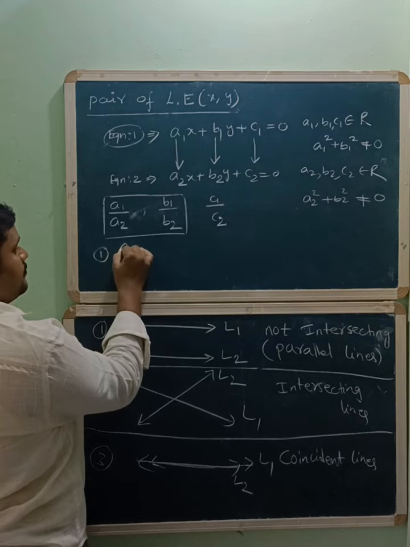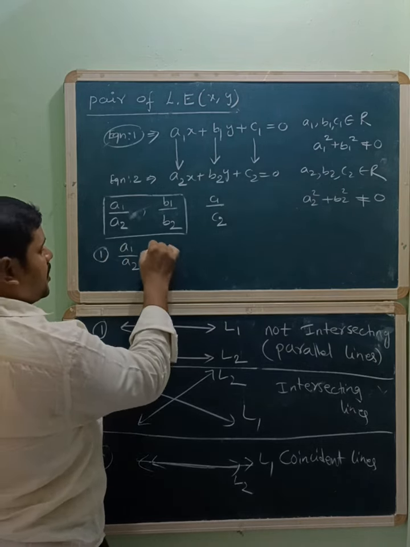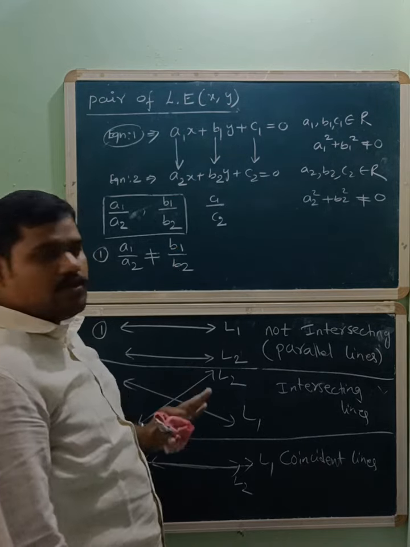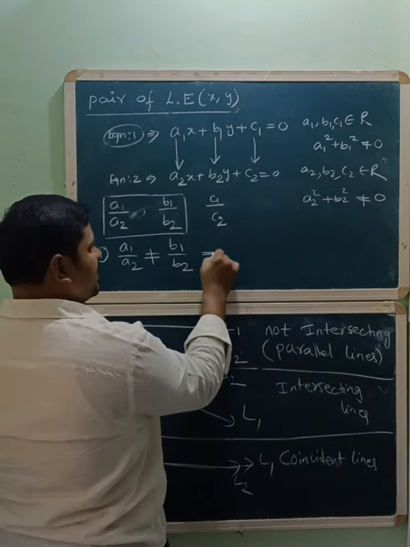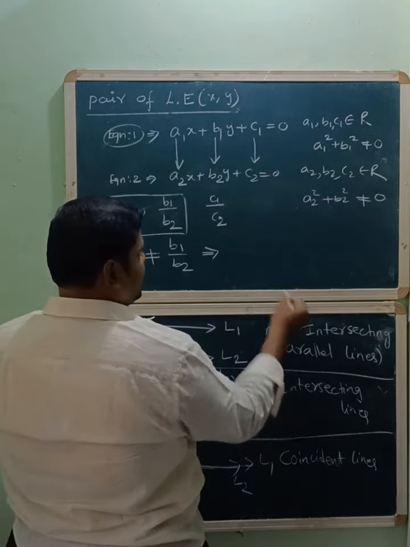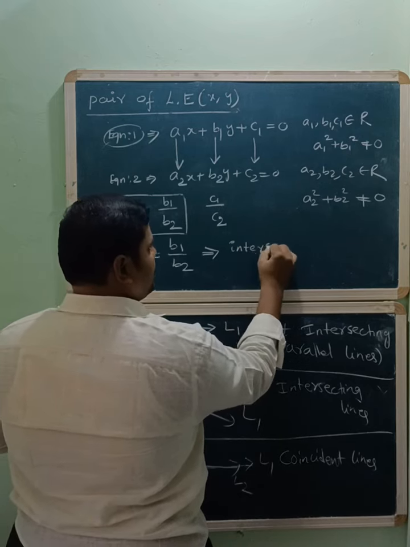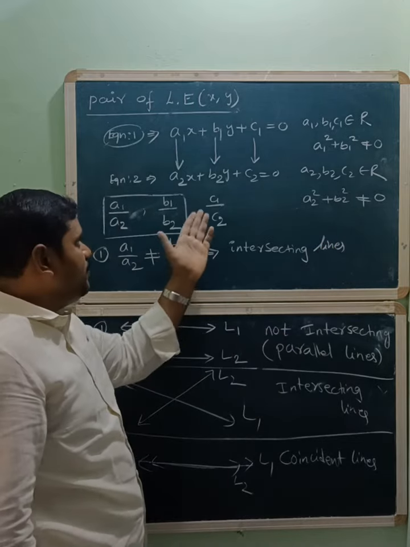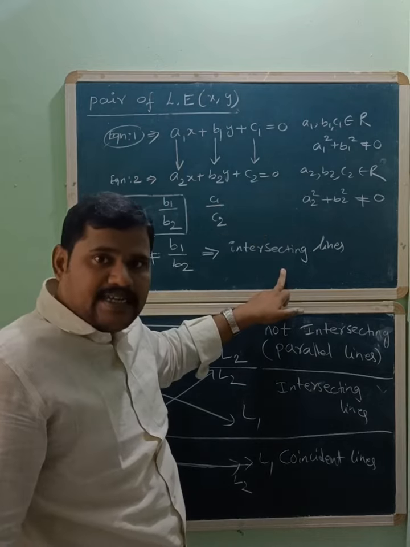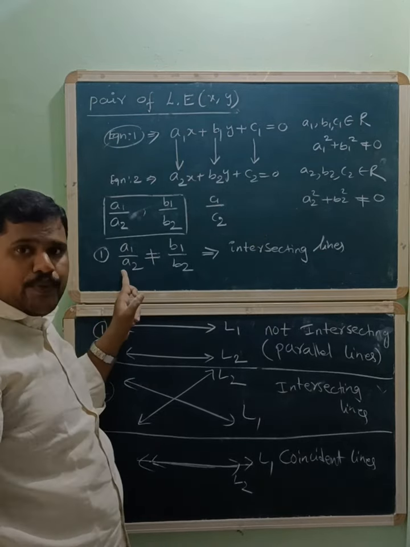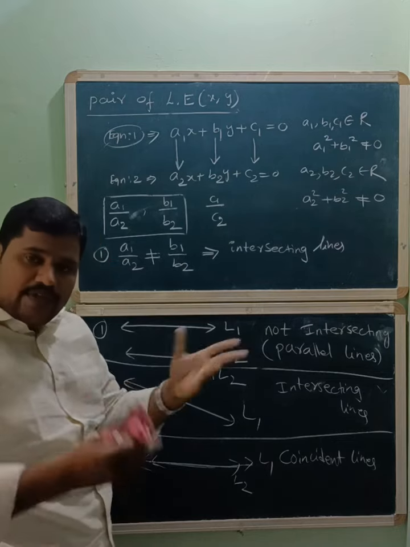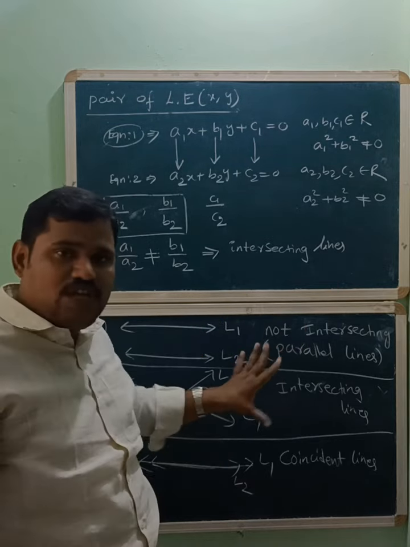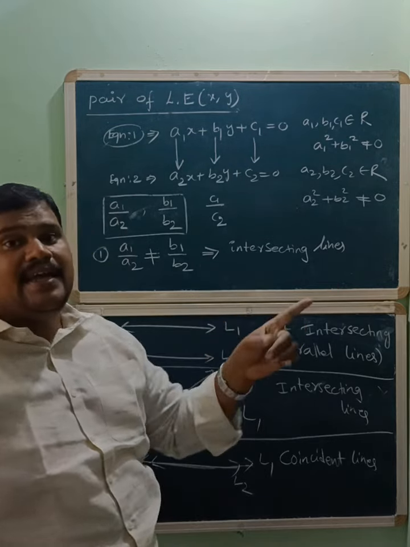Suppose they are not equal: a1 by a2 is not equal to b1 by b2. Then we can simply decide that the two lines are intersecting lines. So line 1 and line 2 are both intersecting lines. The condition is a1 by a2 not equal to b1 by b2. Without using the graph, we can say that both lines are intersecting lines.